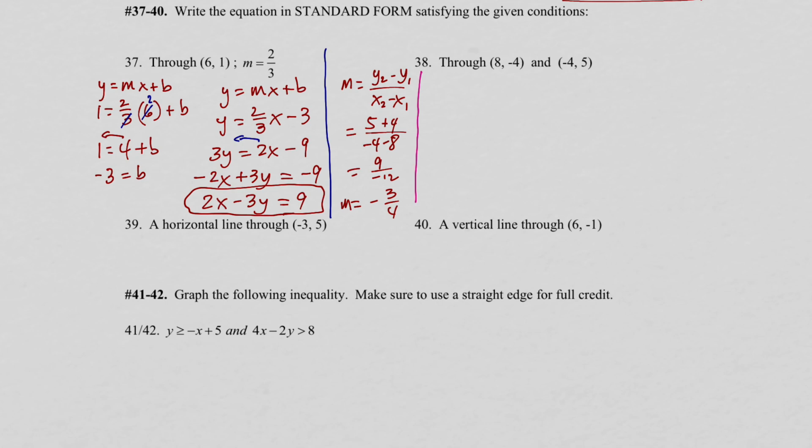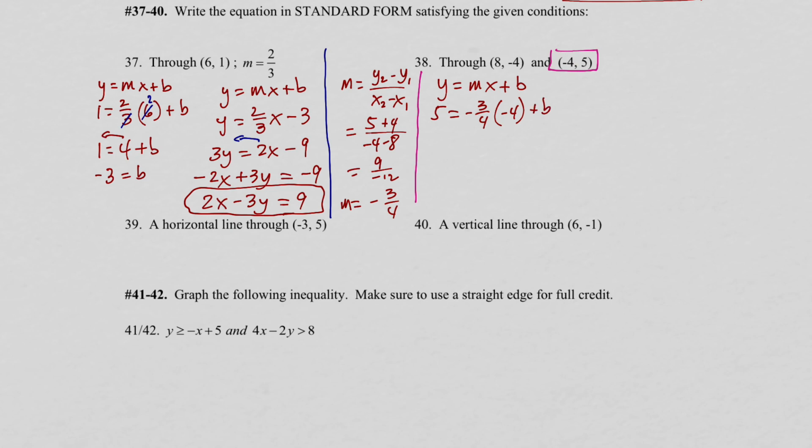I'm going to start with y equals mx plus b. Pick either point, it doesn't matter which one, so I'll pick this one. Here's our y value, here's our x value, and we have an m value that we just solved. So let's plug that all in. y, which is 5, equals m, which is negative 3/4, times our x, which is negative 4, plus b.